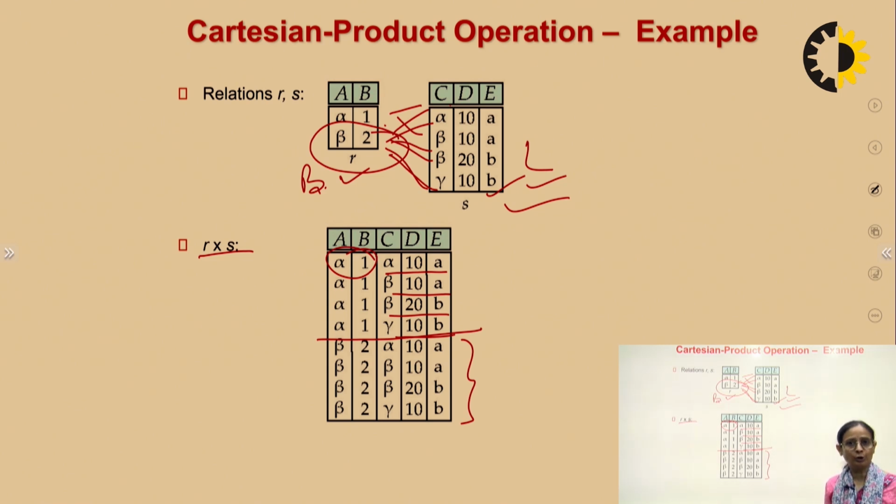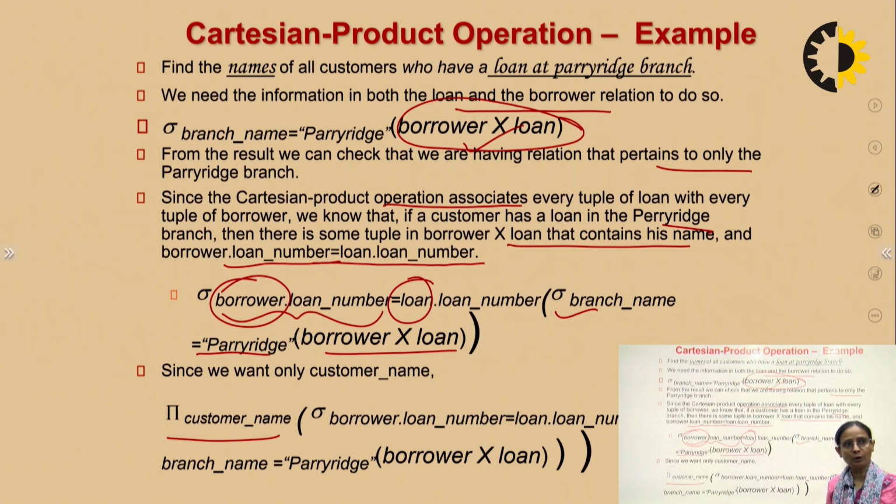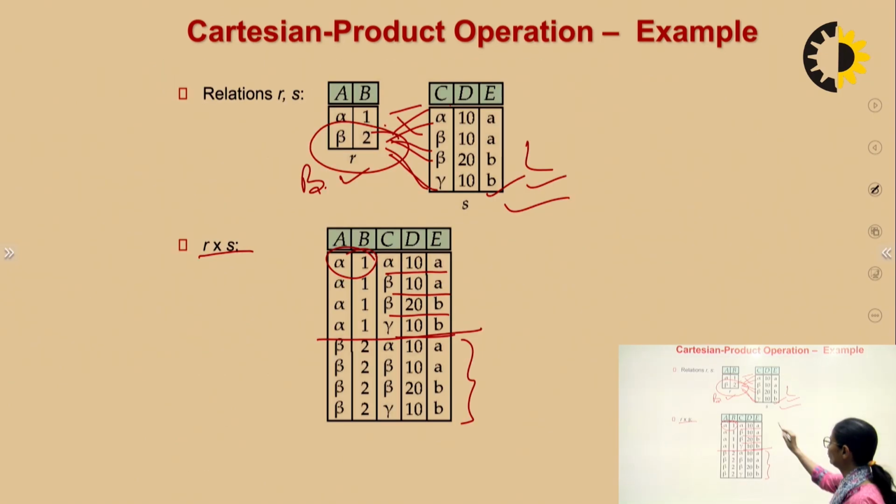So I need to drop those things. So how had I dropped those things? I only need those entries where the borrower loan number is equal to the loan number present in the loan. So here I am getting this overall data.